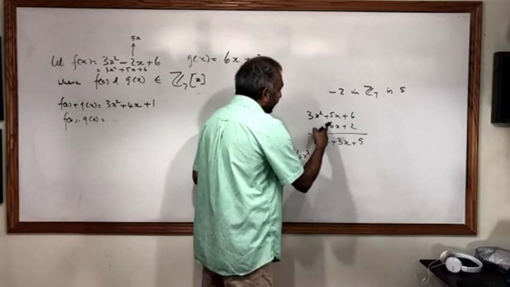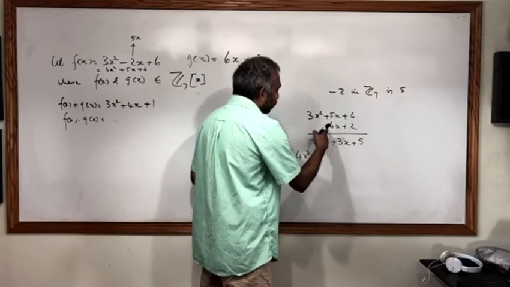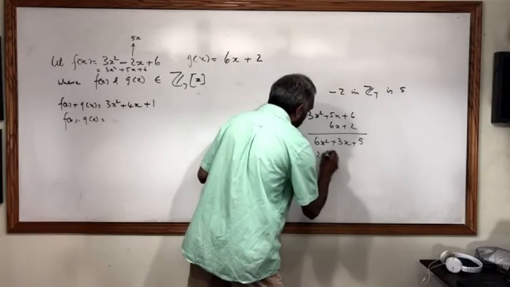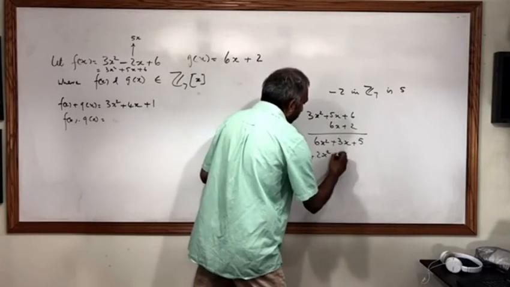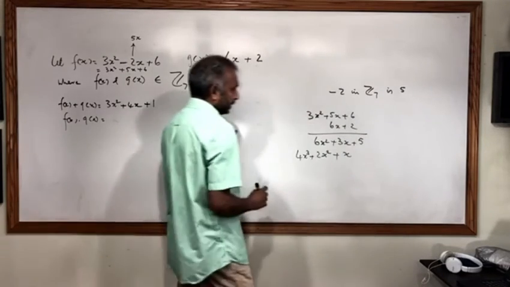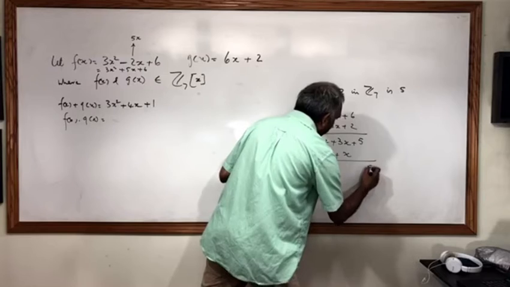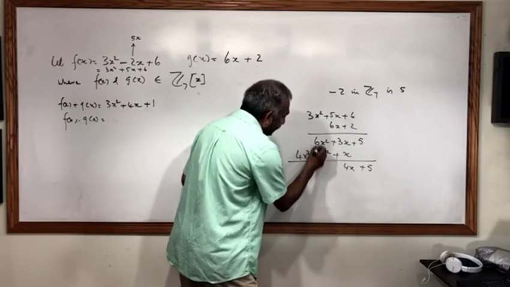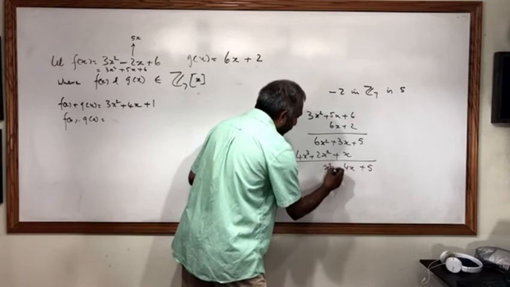This is 30x square, that is 2x square, then plus 36x, that is x. So 5 plus 4x plus 8x square, and that is x square.